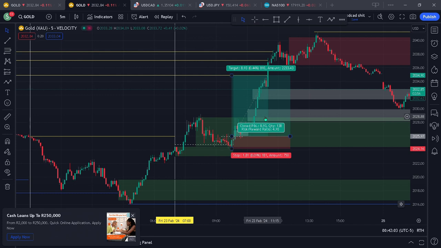Because why? We make a high, retrace, creating a low, and then we expand more, creating a higher high, and then when you're retracing back in, we're going to take out that low, creating a breaker. Case in point, right here.